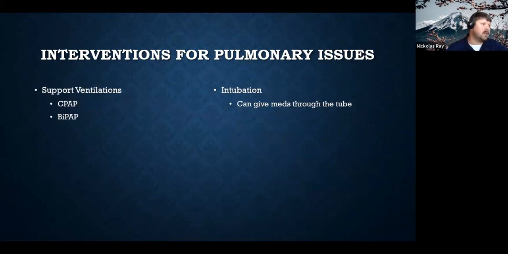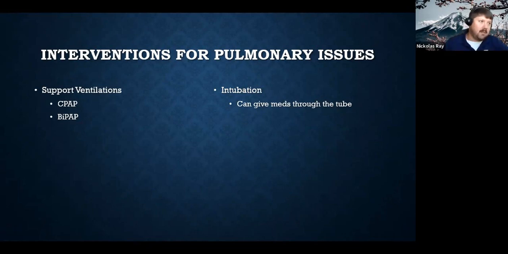Then, of course, support your ventilations. BiPAP has actually been introduced into the Alabama protocols now and is really more of a comfortable mechanism for a patient to breathe, and it works by doing the continuous positive airway pressure. But with BiPAP, you've got higher inspiratory pressures, or I pressures, and you've got lower expiratory pressures, meaning that they're not going to be breathing as hard against it, but it still provides that pulmonary splinting.